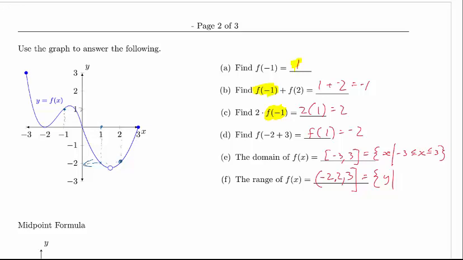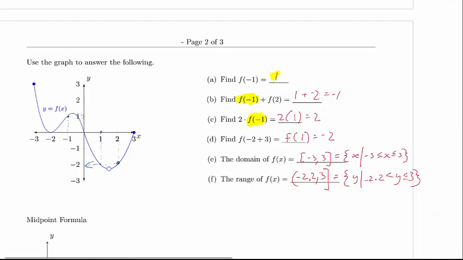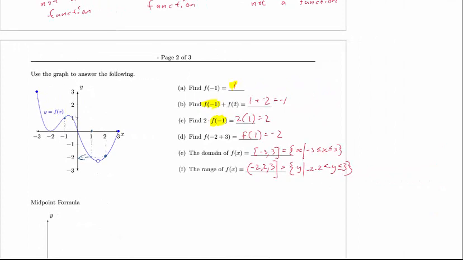There we go. So we go from negative 2.2 strictly less than y less than or equal to 3. And that's what the set notation would look like. Alright, good. So let's keep going on.